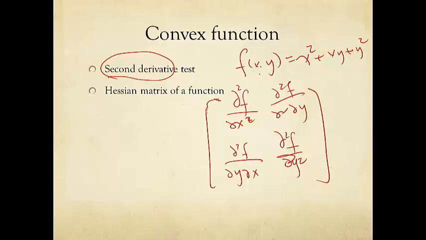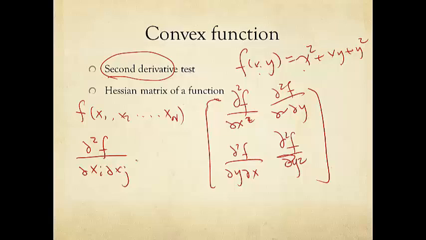You have to take partial derivatives with respect to x and y, and in general we say, given a function f of variables x1, x2, up to xn, if we look at the partial derivative with respect to xi and then with respect to xj, this is the ijth entry of a matrix. That matrix is called the Hessian matrix, or in short, the Hessian of the function.